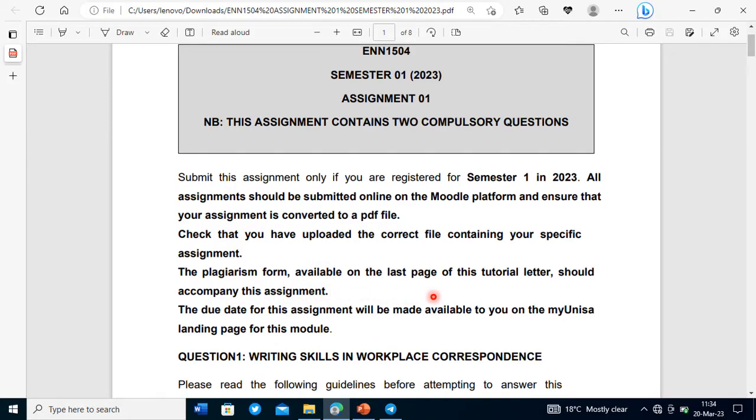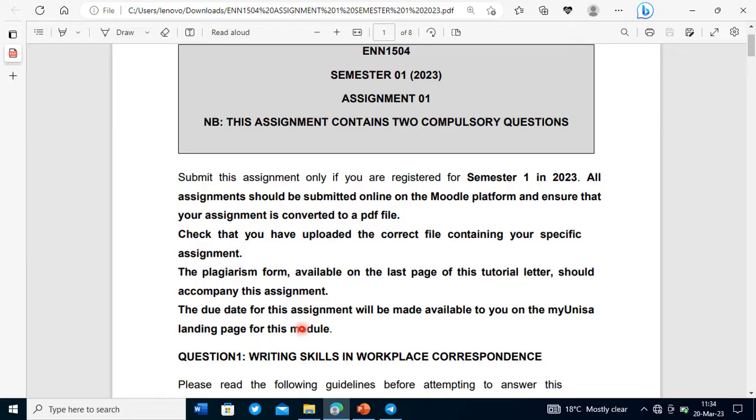The plagiarism form available on the last page of this tutorial letter should accompany this assignment. When it comes to the declaration form, it is that plagiarism form. There's no need for you to print it out, sign it, and attach it to your assignment.